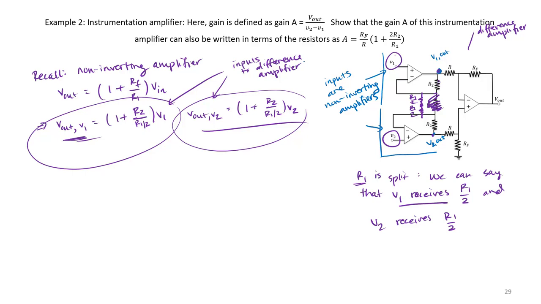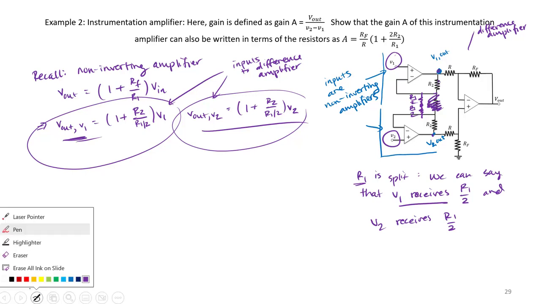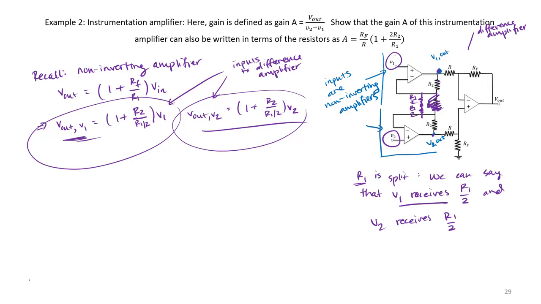So let's now consider our difference amplifier. And we know for a difference amplifier that our output voltage V out is going to be given by the RF value from our feedback loop divided by resistor R, and then we multiply by the difference, in this case, V2 minus V1.